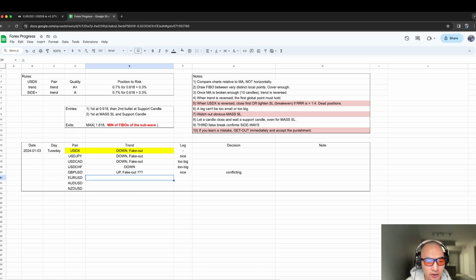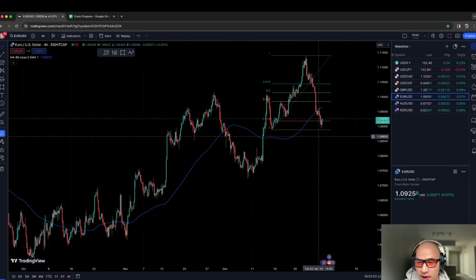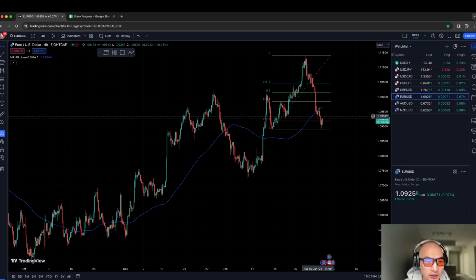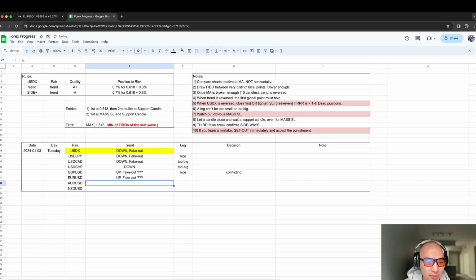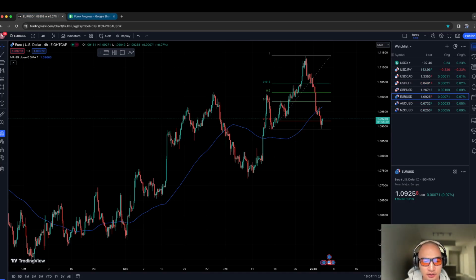But it is still not 10 candles, so it is still in a fake out phase, but it can easily turn into a trend reversal if we see 10 candles closed below the moving average. So far we have 8 candles here, so technically it is still considered the uptrend. It's faking out, but with 1 or 2 candles, it can reverse. So that's why I put the question marks there. Okay. The last directional wave length is nice.